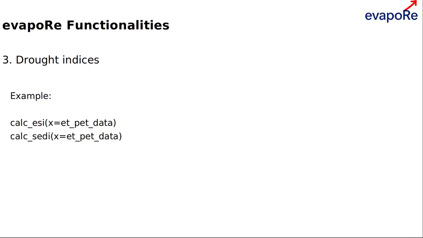To use these functions, you need both. We have actual evapotranspiration from the global data set, and potential evapotranspiration from our functions, so it is easy for users to use these functions.